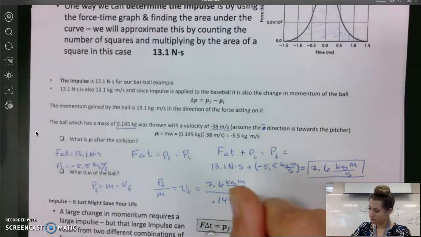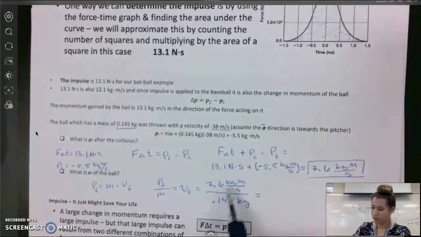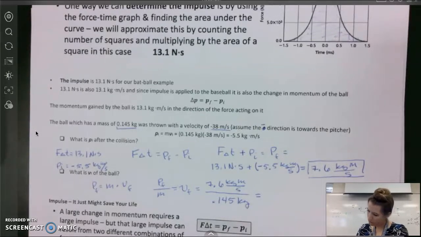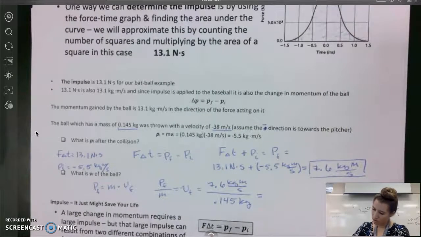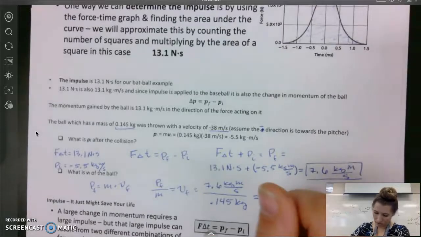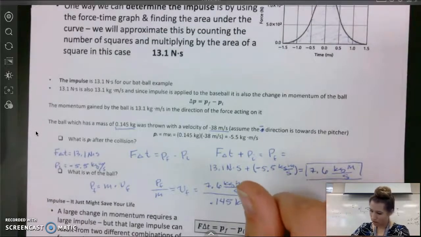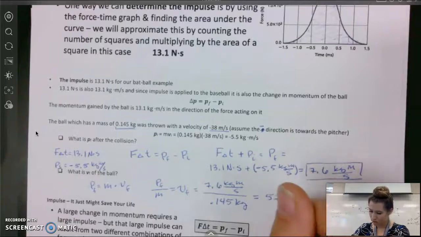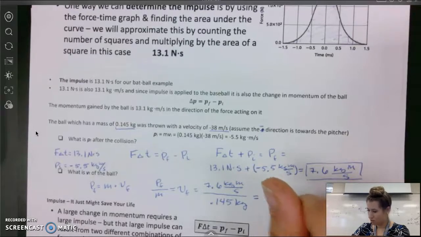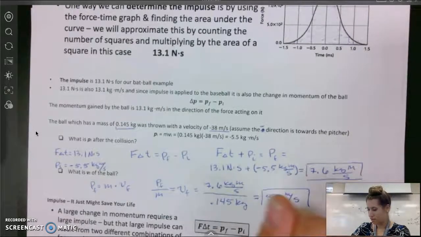Okay. Notice how kilograms are going to cancel, and we'll be left with meters per second. So we have 7.6 divided by 0.145. With 2 sig figs and 3 sig figs, our final answer will be 2 sig figs: 52 meters per second. Great.